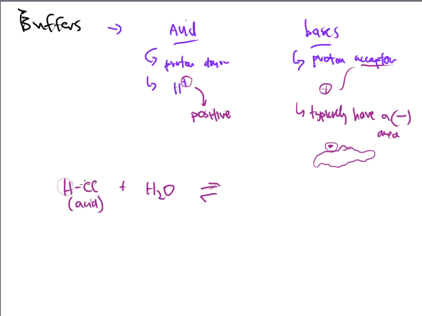So hydrochloric acid donates protons. Well, where's the proton coming from? It's right here. There's a hydrogen out in front. All right, so it's going to kick off the hydrogen. And when it does that, what it ends up being is just a poor little chlorine with a negative charge now, right? There's no hydrogen there anymore.